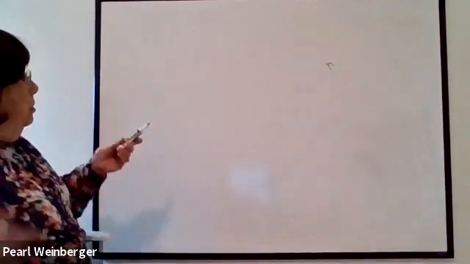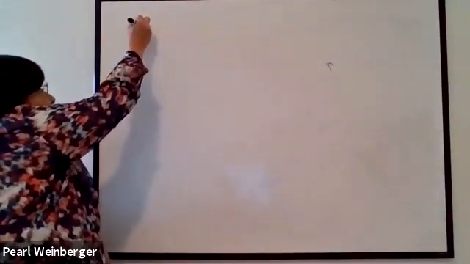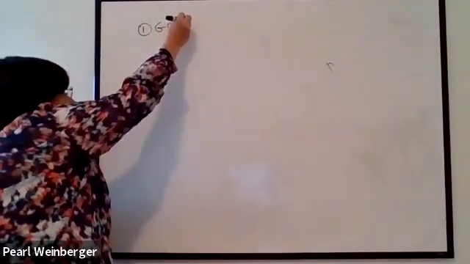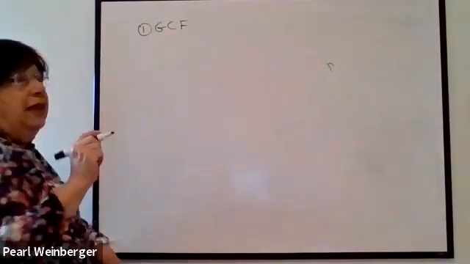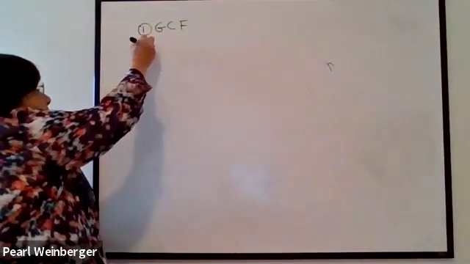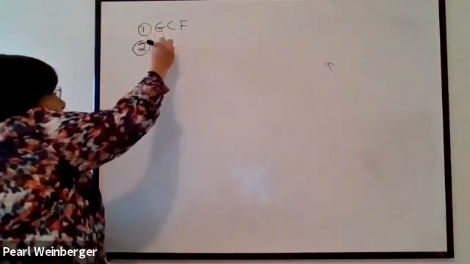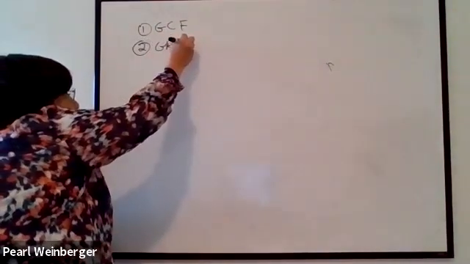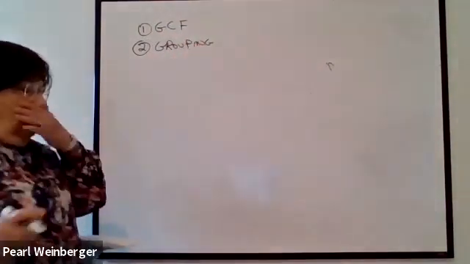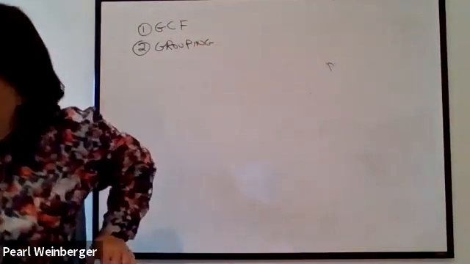So we've already talked about a GCF, greatest common factor. That's what we were doing, what I'll just call a common factor. We're now going on to the second type, which is called grouping. Let me give you an example of how to factor by grouping.